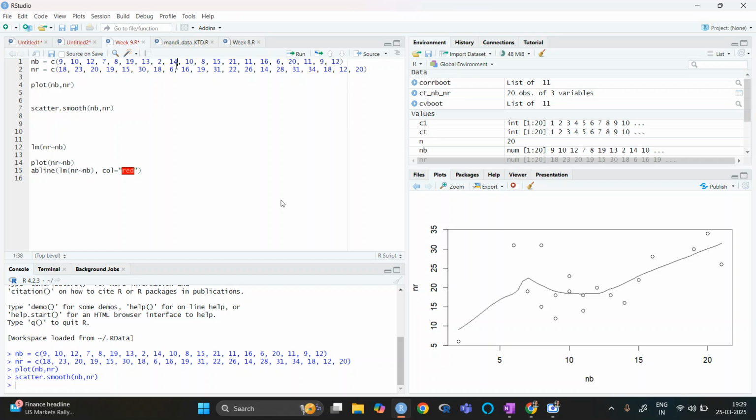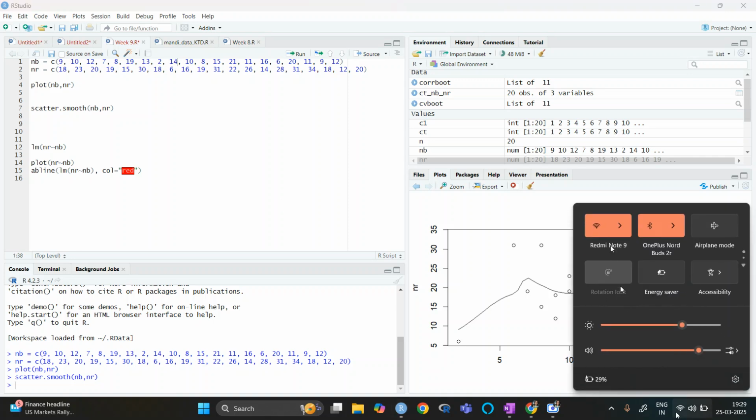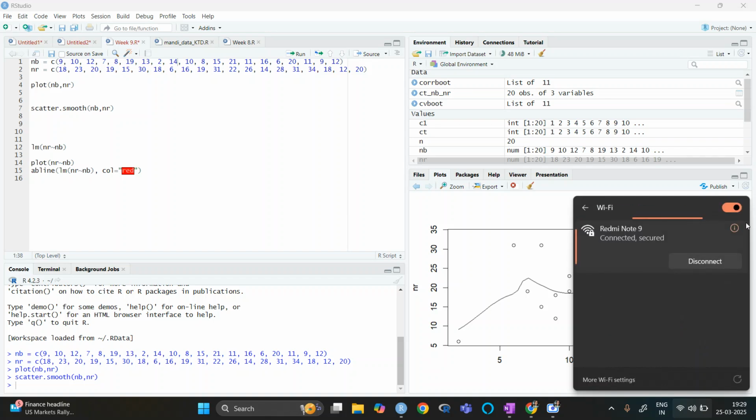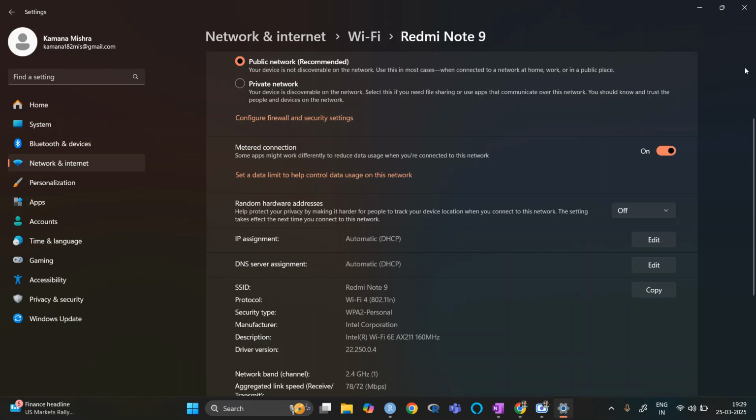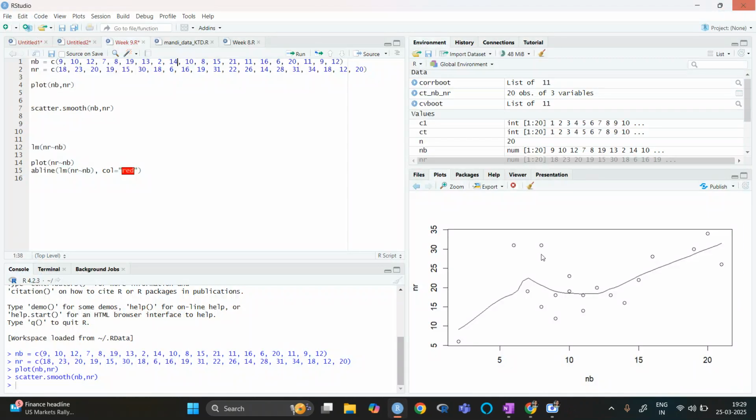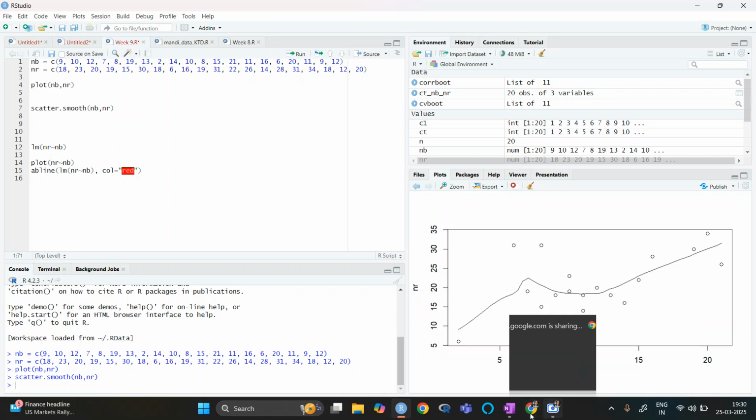The data we took in the last class, we are taking the same data again.